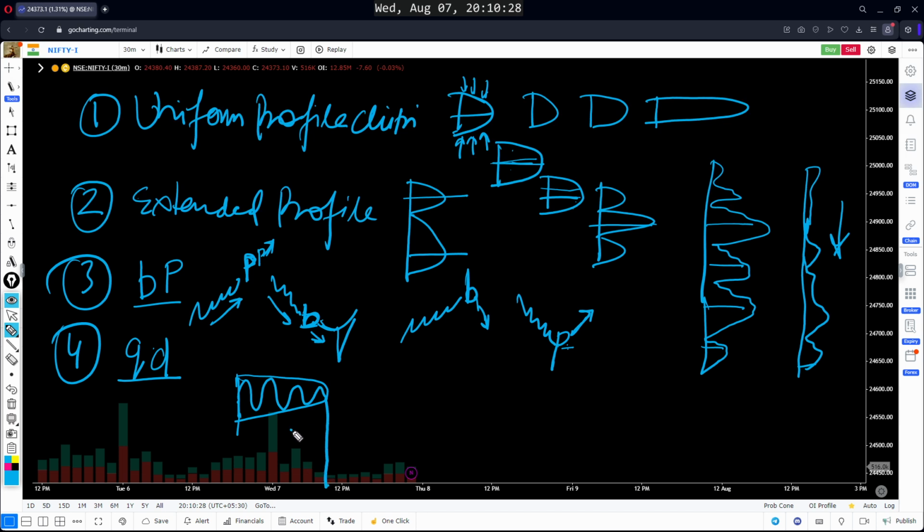Now this is going to look like the volume is attached here, and then market fell down towards the end. That is a Q shape for you, and usually this area gets filled only.